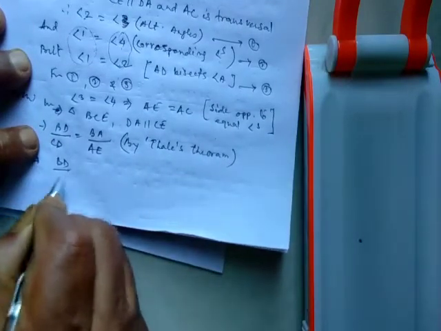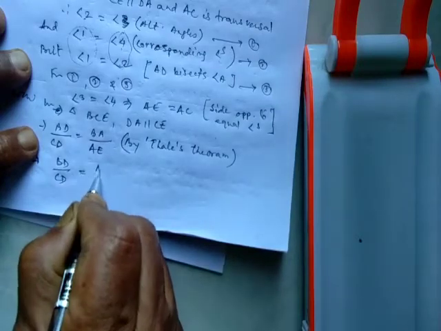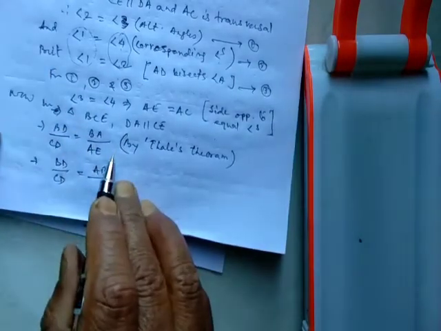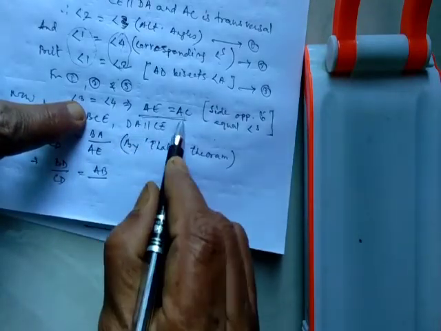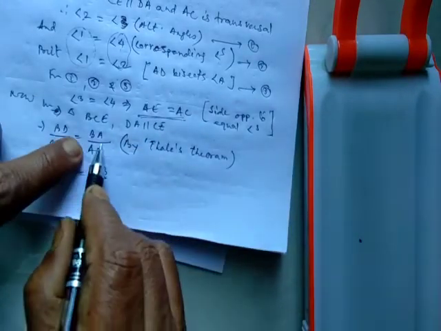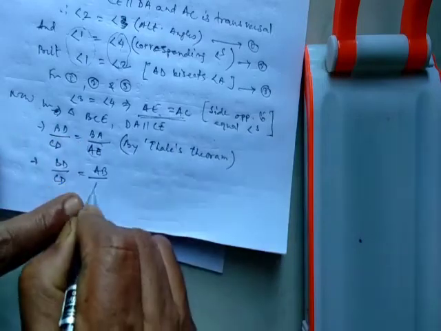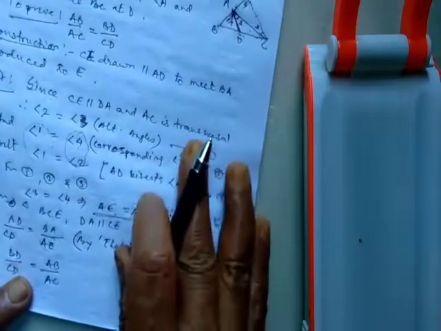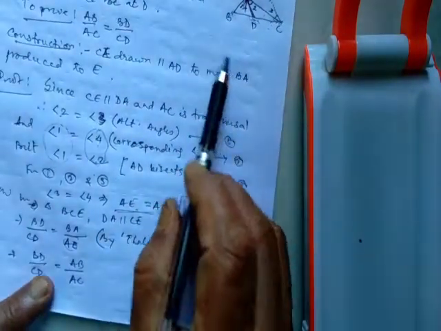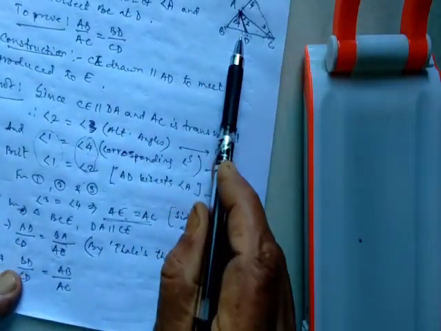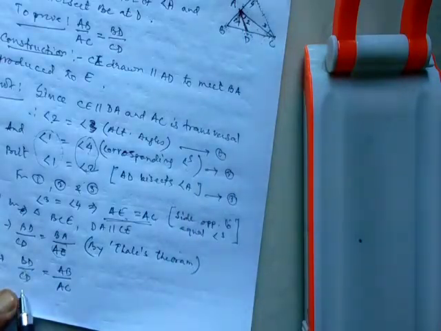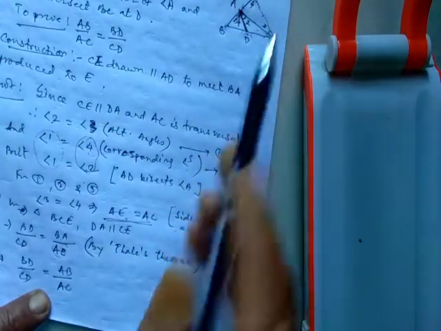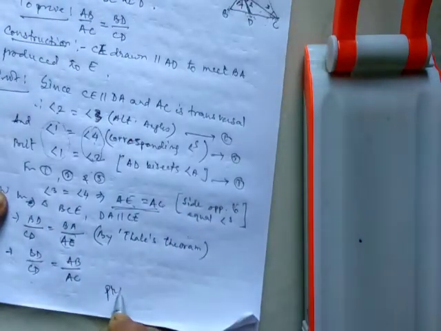This implies BD by CD is equal to AB by AE. In place of AE I am putting AC. Now what we are getting is BD by CD is equal to AB by AC. So this is proved.